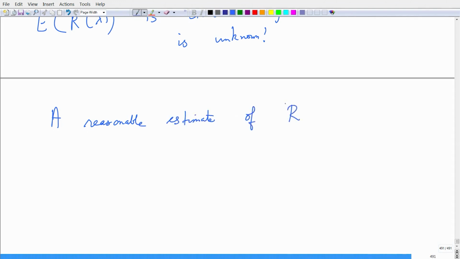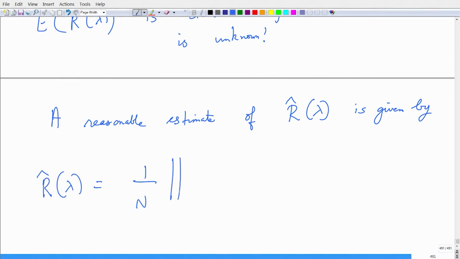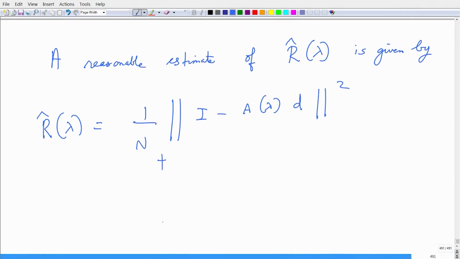of r hat of r of lambda, which is given by r hat. So, this is given by r hat of lambda equals 1 upon n. So, what I do is the f I replace by the vector d, and this is a reasonable estimate because we do not know f, right, and I want this estimate to be unbiased.